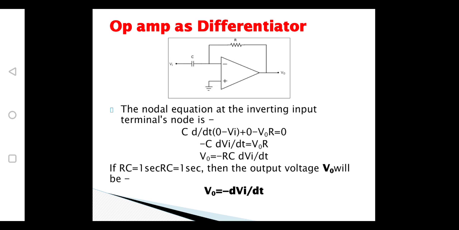So, what is meant by a differentiator? A differentiator is a circuit which performs the mathematical operation of differentiation. That is, the output voltage should be the derivative of the input voltage.